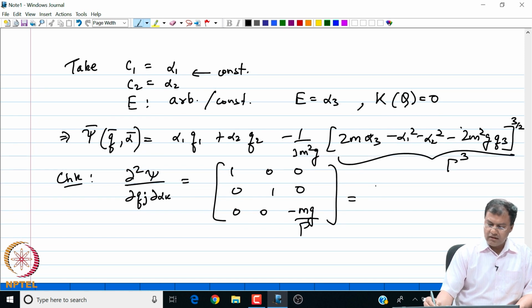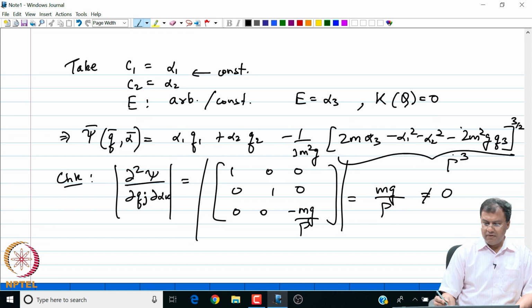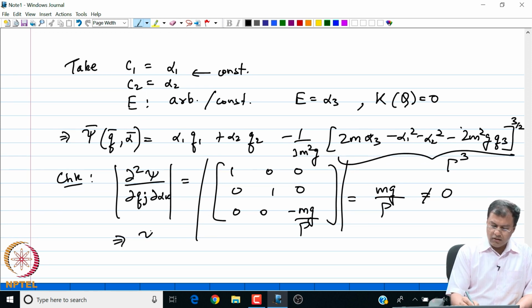I see that this is also equal to the determinant. The determinant of this matrix is mg by gamma, and this is certainly not equal to 0 provided gamma is defined. So the conclusion is psi is complete, which means now we are able to find the extremal.